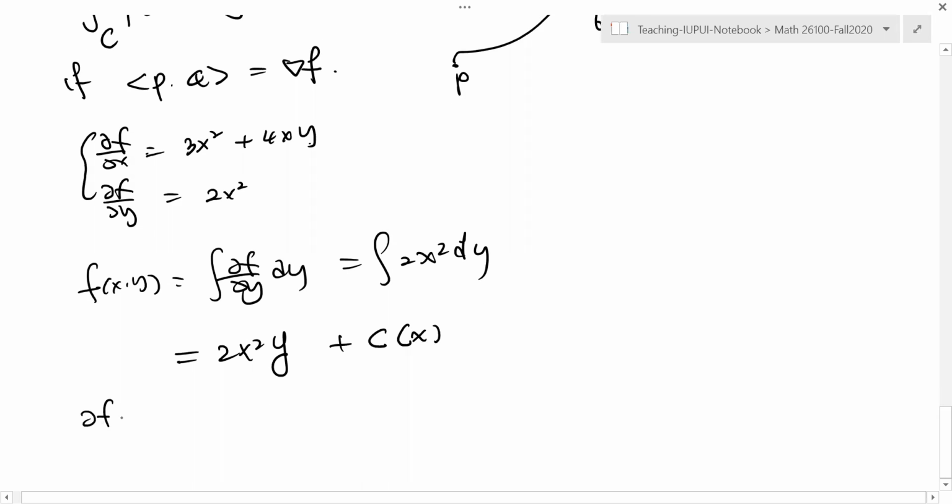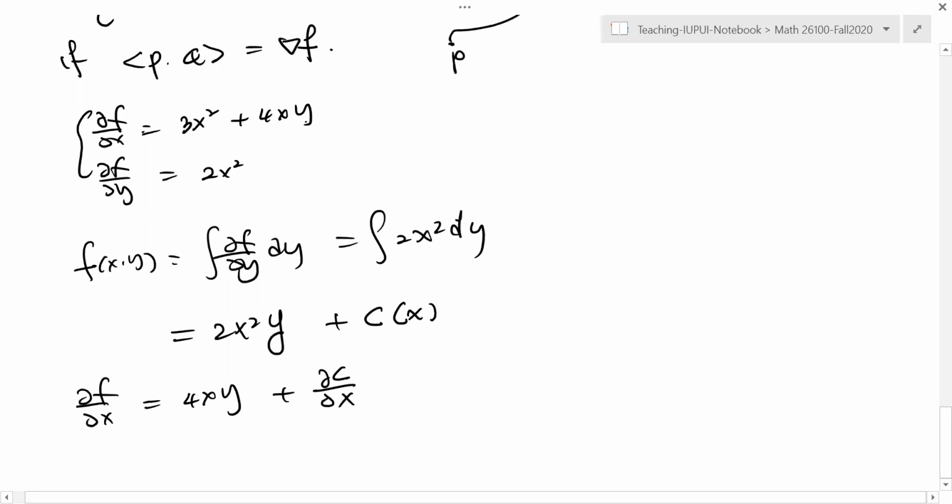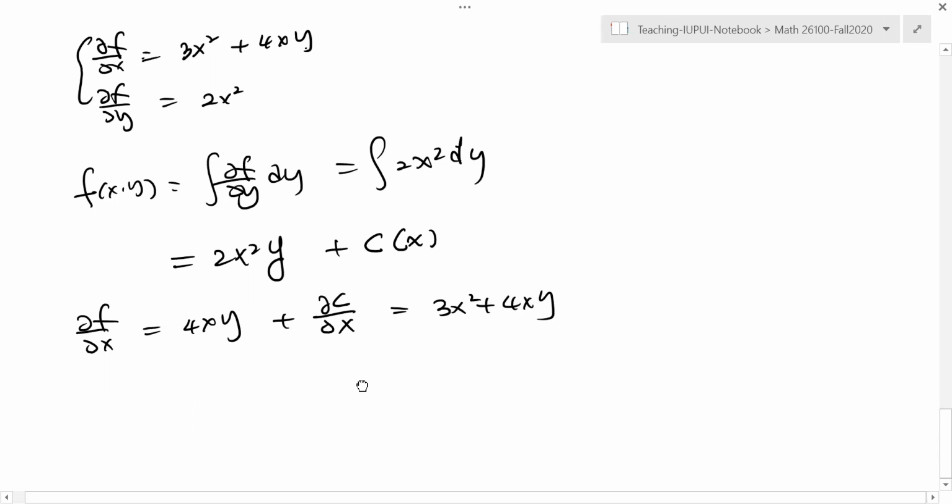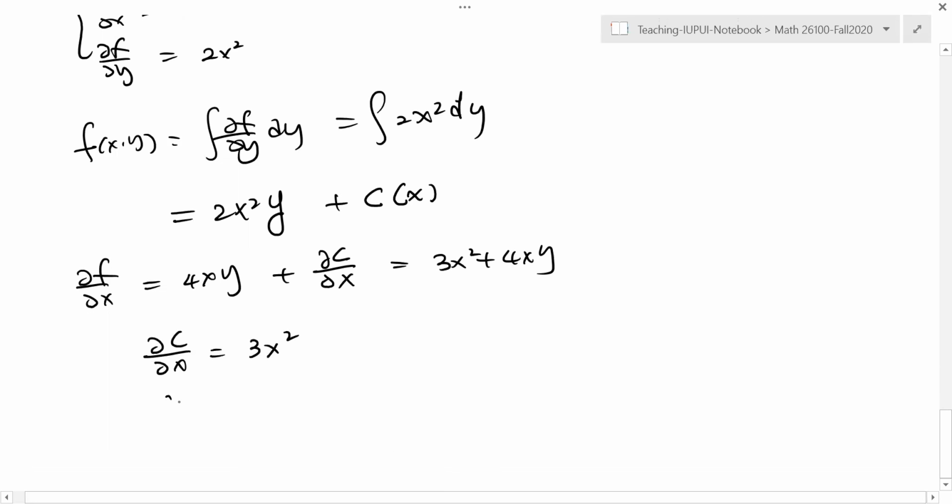Then you plug into the first equation, so I get 4xy plus the partial derivative of c with respect to x, which must equal 3x squared plus 4xy. So the derivative of c must be 3x squared. Then c equals x cubed.